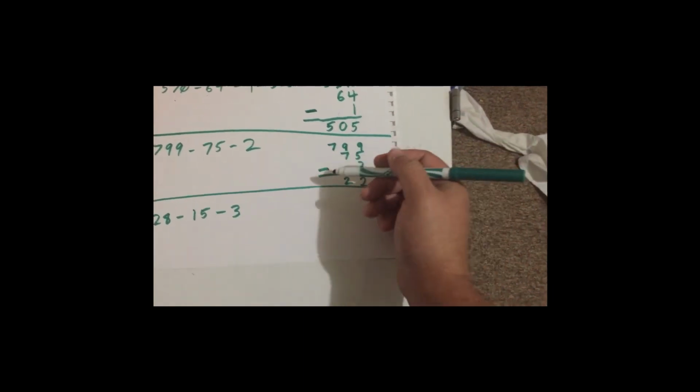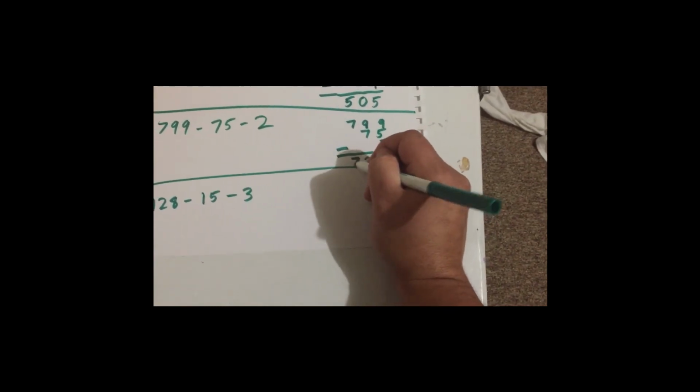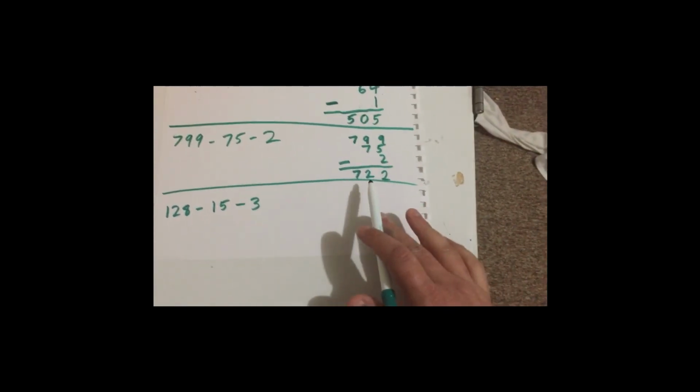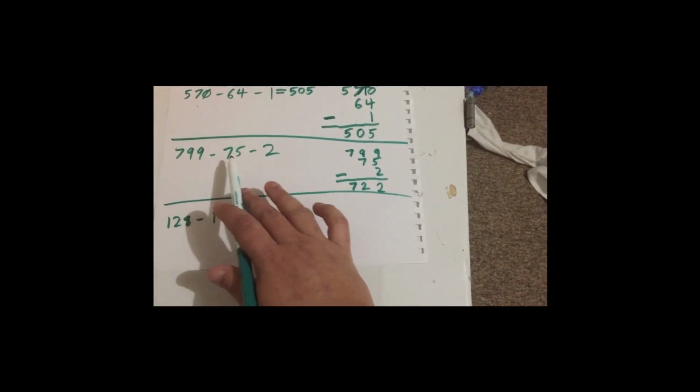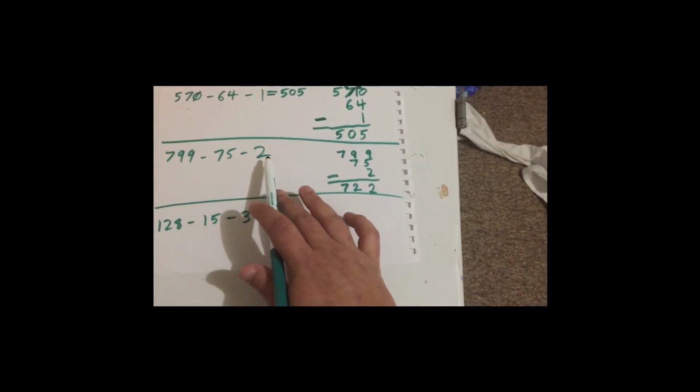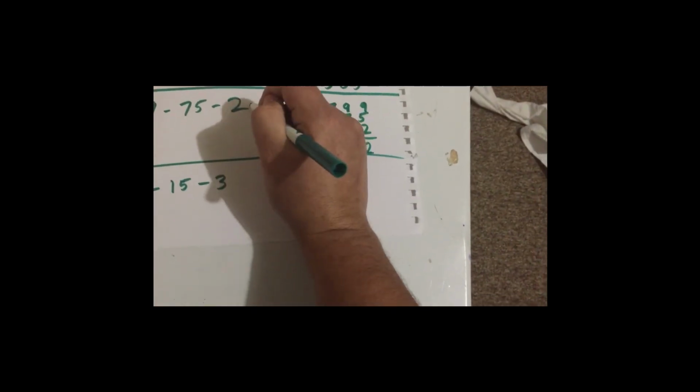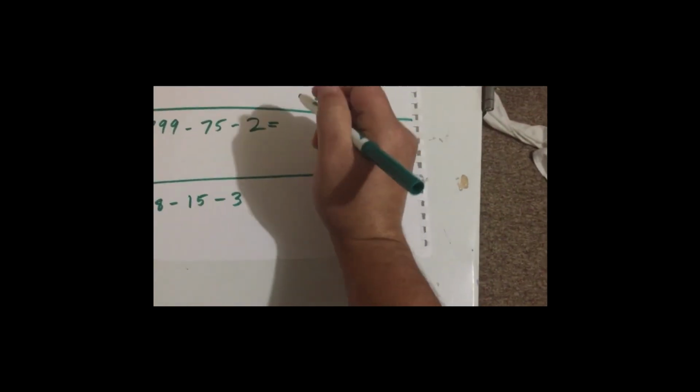And then this 7, well, it has nothing to minus, so we'll just bring it down. The answer here is 722. So 799 minus 75 minus 2 is 722. And this is how we write our answer.